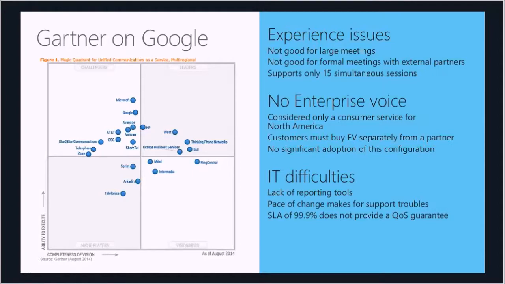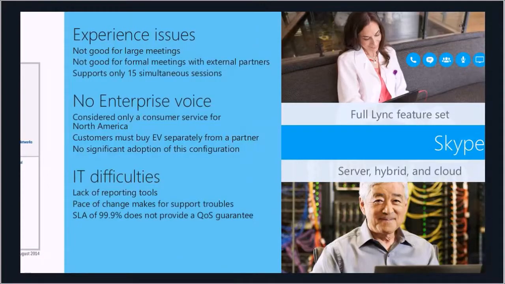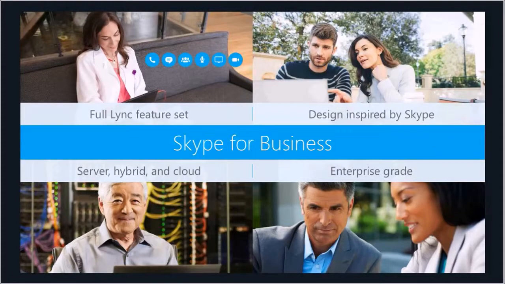So to close out with this particular slide, you'll see that there are 4 basic components that make up Skype for Business so helpful over Google Hangouts. One is that it does give you a full feature set that is available for you. It is designed and inspired by something we know already, which is the home version of Skype, but it has been built for business features because it was a rebranding of something Microsoft has had in play known as Lync as a business solution.